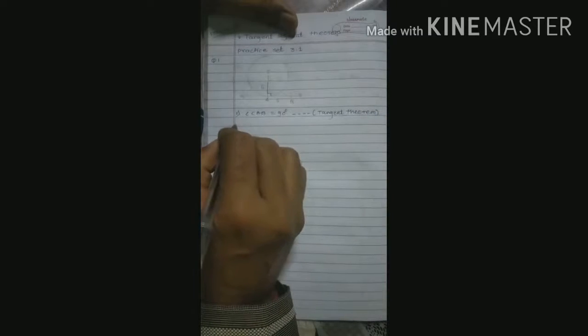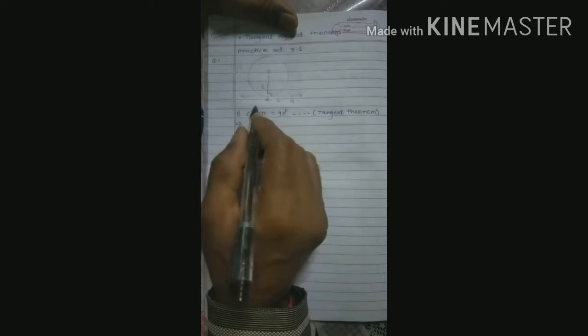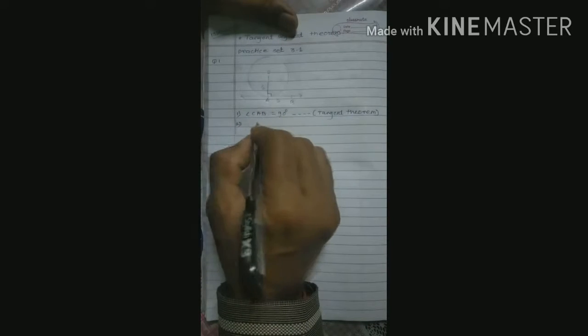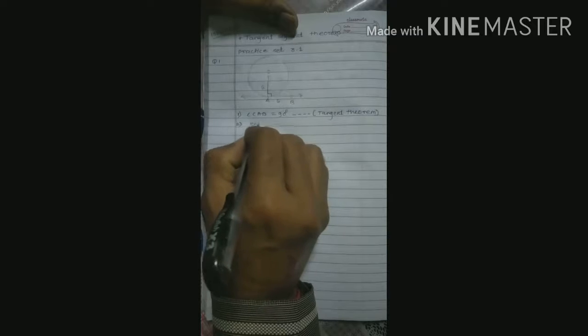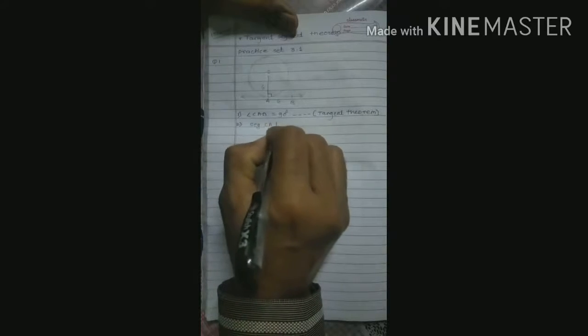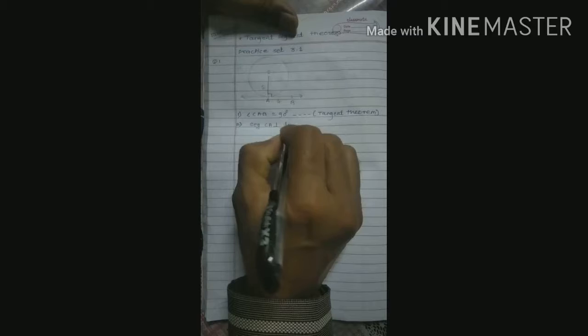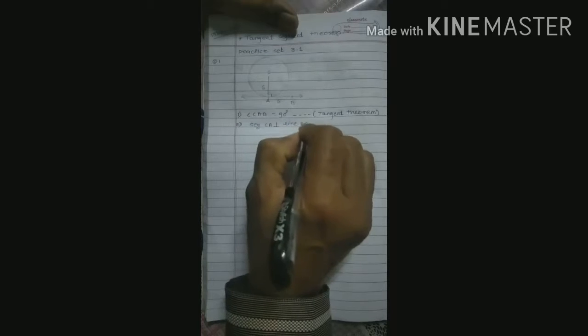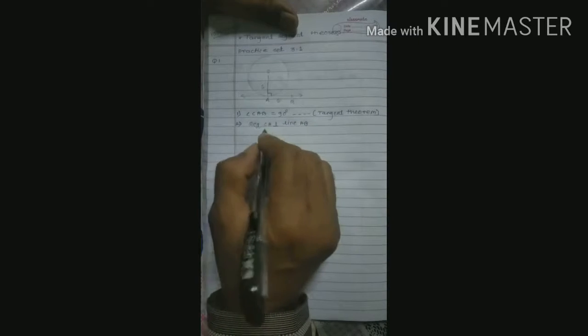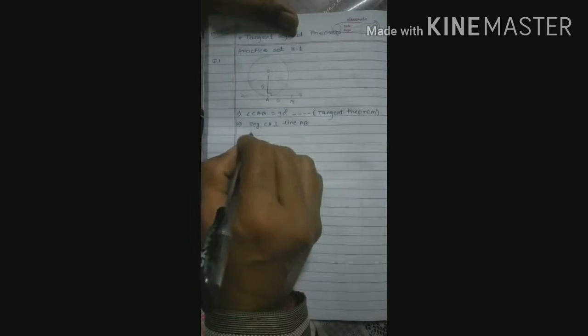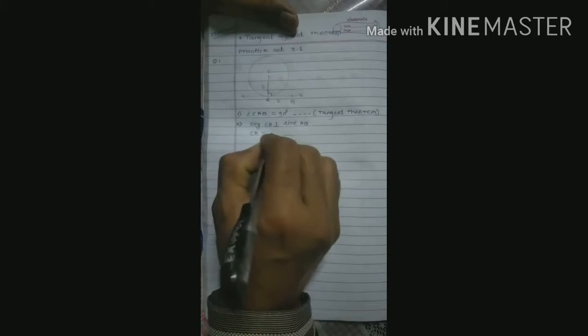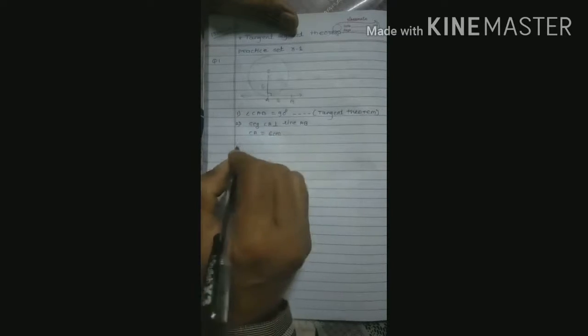Then in the second question, segment CA is perpendicular to line AB. Then CA is equal to 6 centimeter.